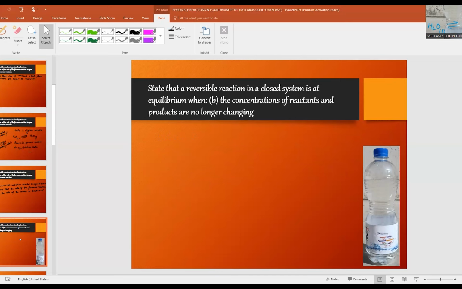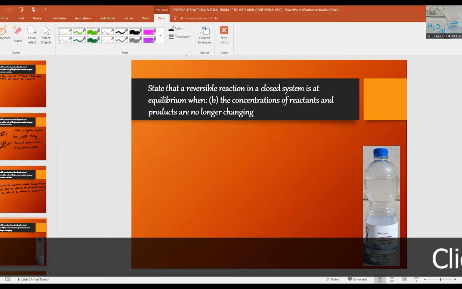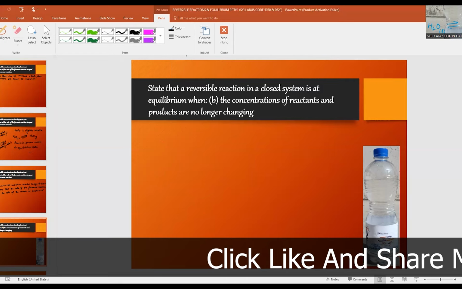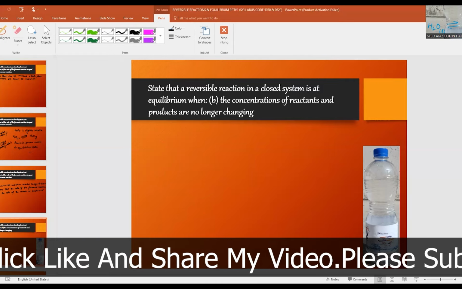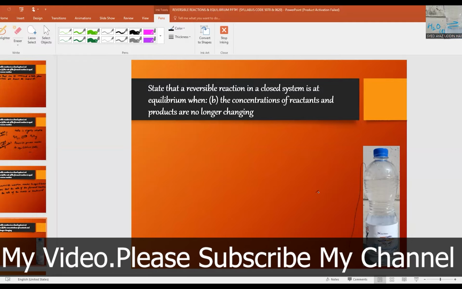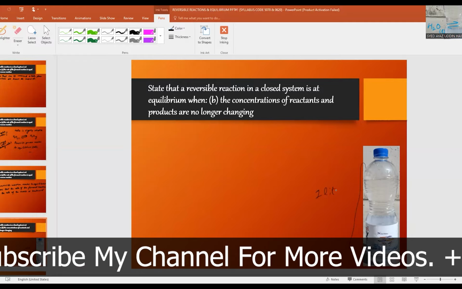We have also noticed that the total concentration of water in the bottle will remain 1 liter or same. If it is 1 liter, the volume will not change.